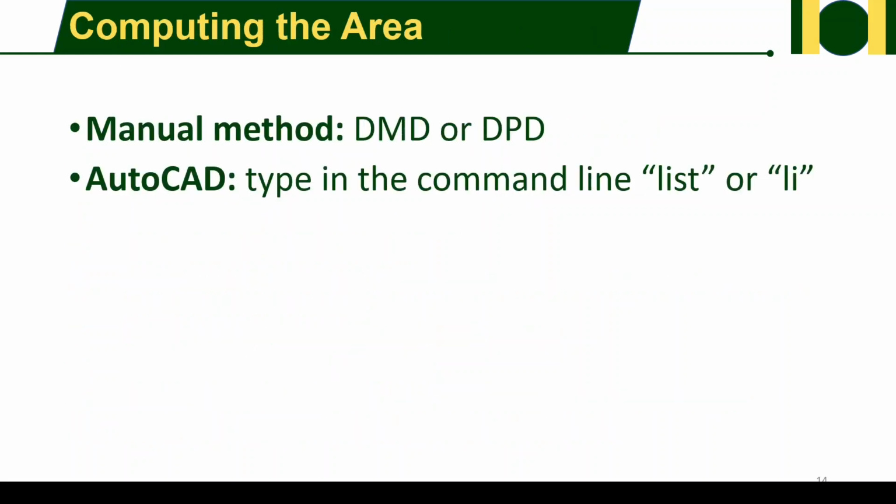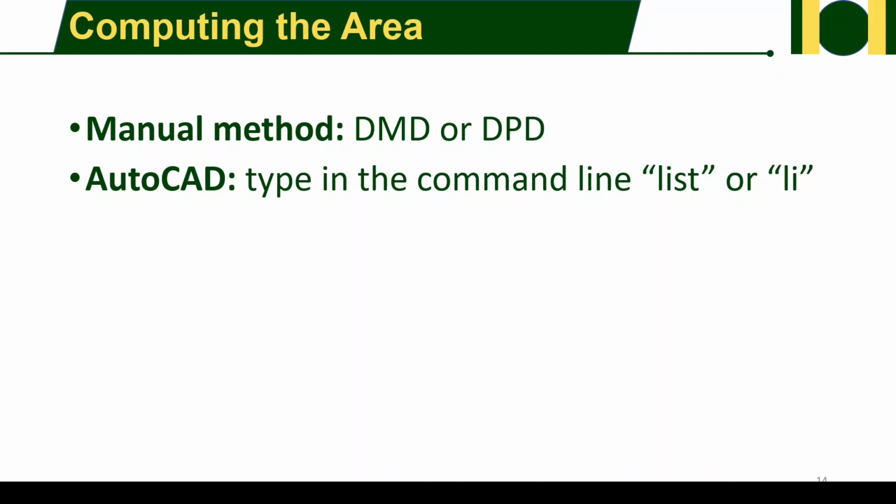Okay, so how to compute the area? If you are doing a manual method, you may use DMD or the double meridian distance, which you had in GING 111, or the double parallel distance. Or you may use Excel to automate the process. That is for the manual method.